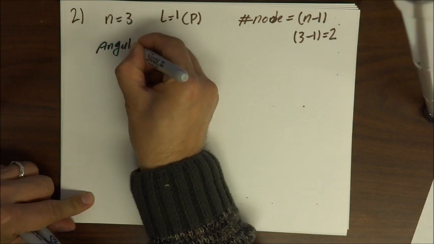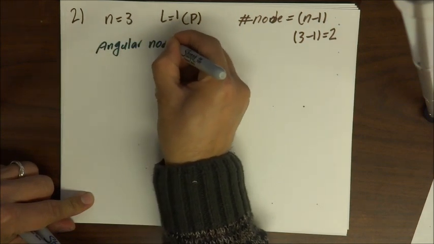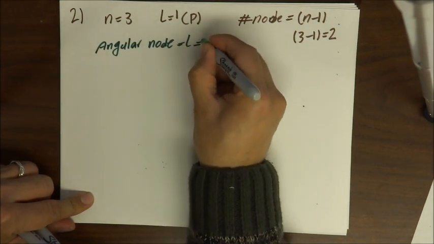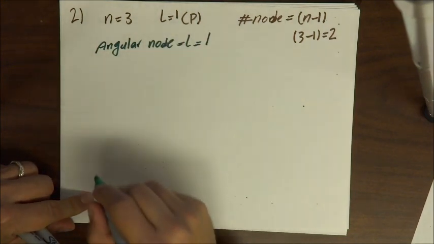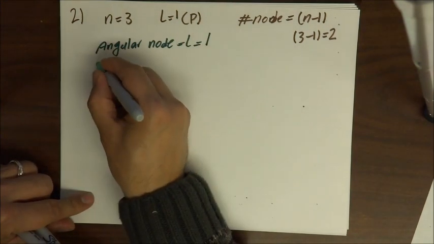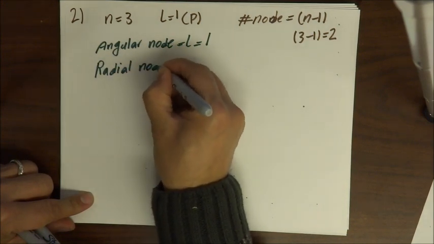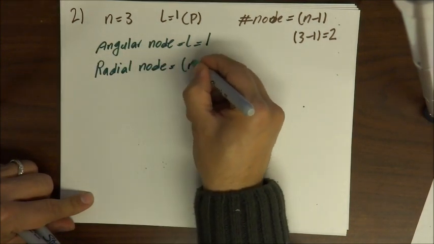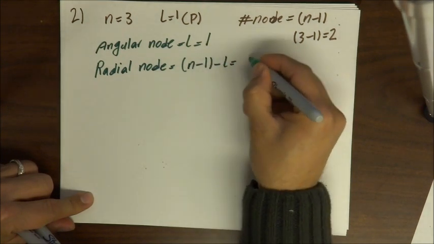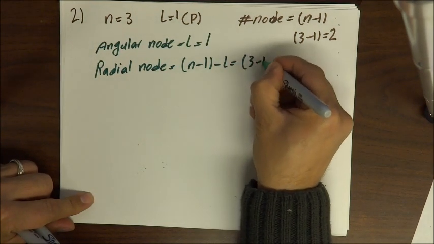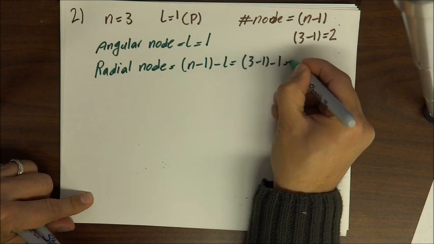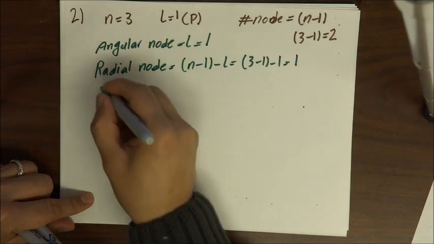Angular node equals L. L is equal to 1, so you do have one angular node. Radial node will be total minus L: 3 minus 1 minus 1. You have one radial node.